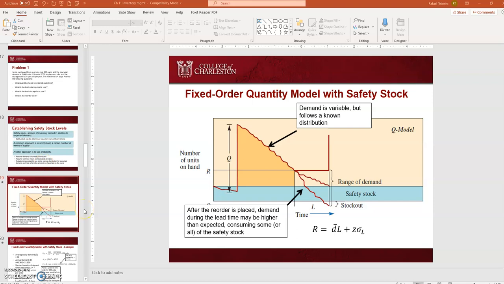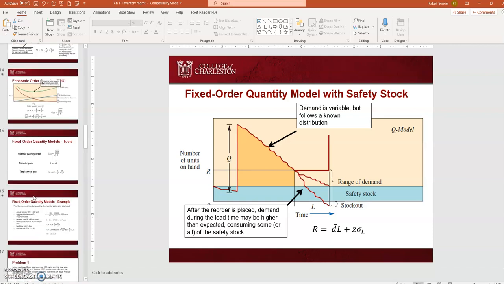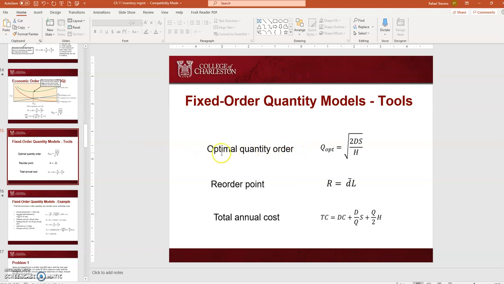Hi, this video is to show you how to compute the fixed order quantity model with safety stock. This is from our slides about inventory management. Just to remind you, in the previous videos, I showed you how to compute the optimal order quantity in the fixed order quantity model.